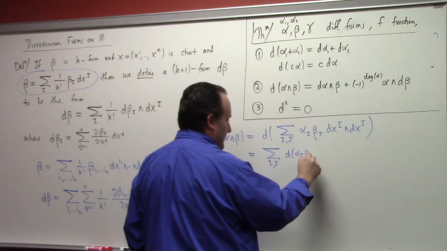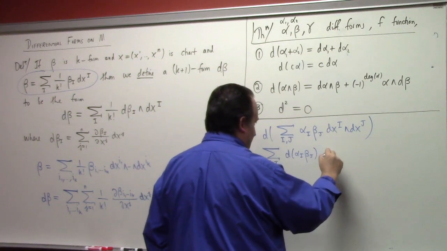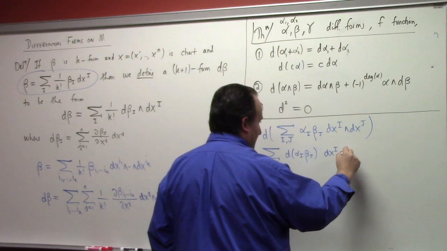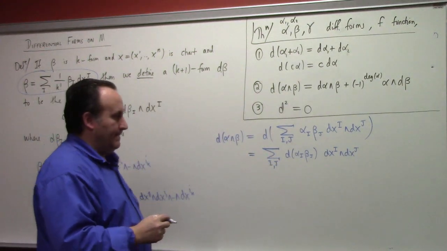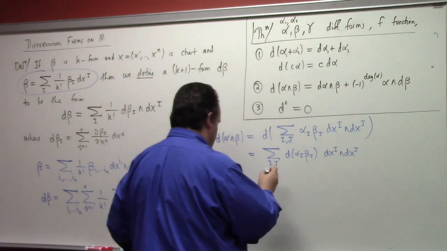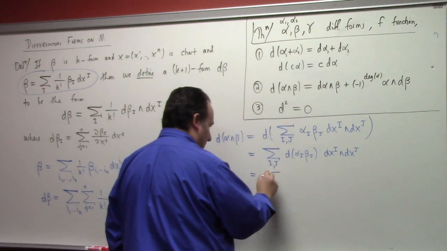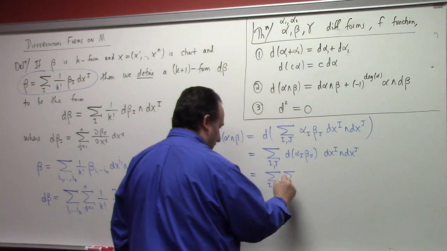Now, these are real-valued functions on the manifold, right? And this is the sum over, let's say, i and j, the sum over k.